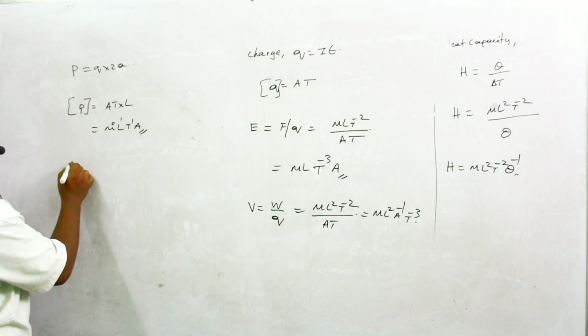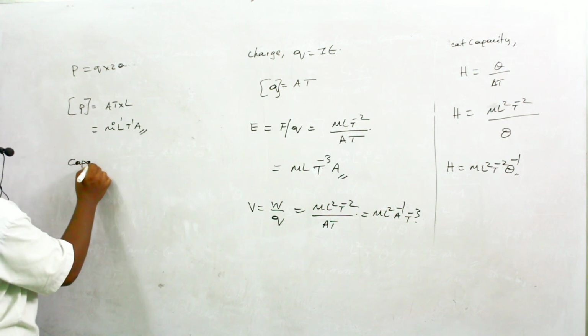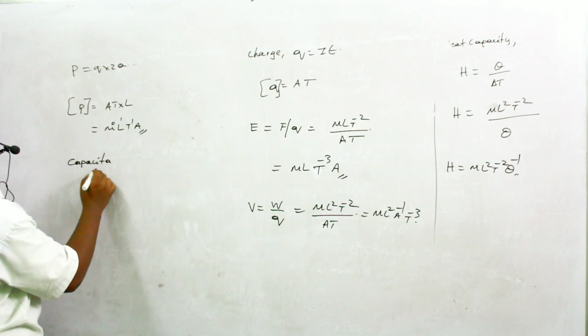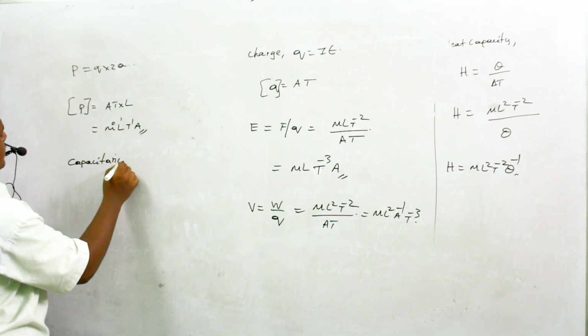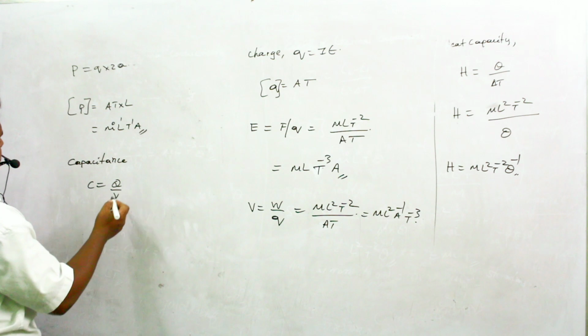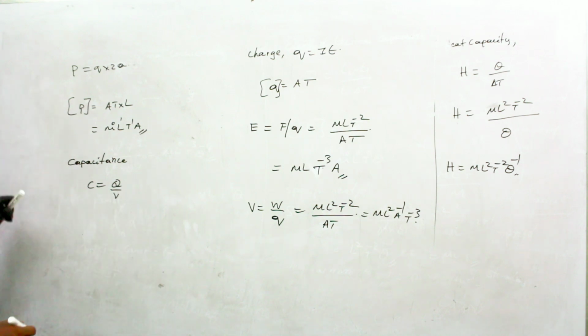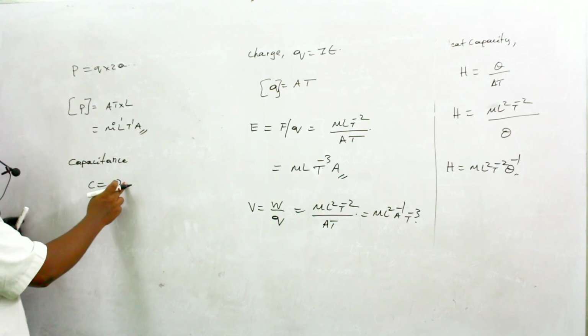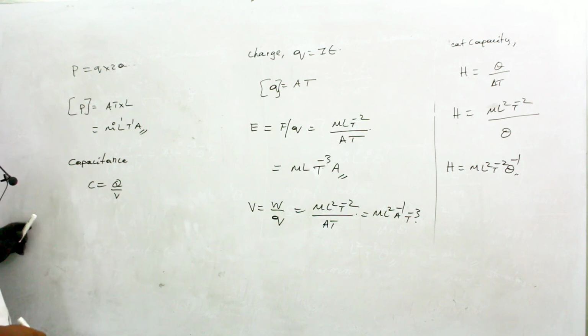Next, let us see the dimension of capacitance. So C is equal to Q by V. This is the formula of capacitance: the amount of charge stored on the plates to the applied potential difference is called capacitance.